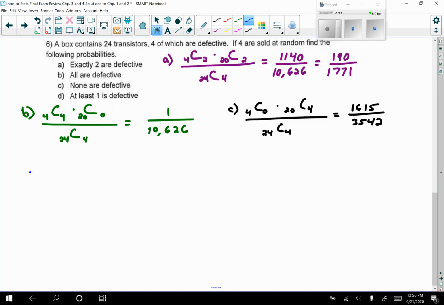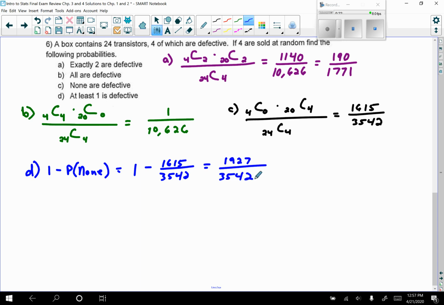And then remember, for D, at least 1 is defective means it's 1 minus the probability of none. So it's 1 minus that 1615 over 3542, which turns out to be 1927 over 3542. So sorry about the original mix-up.